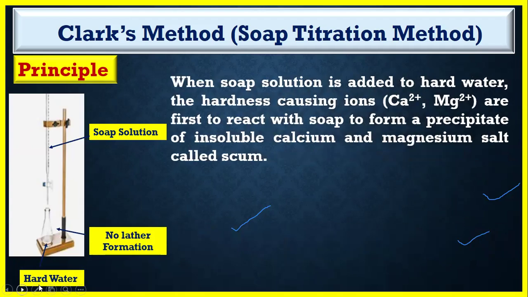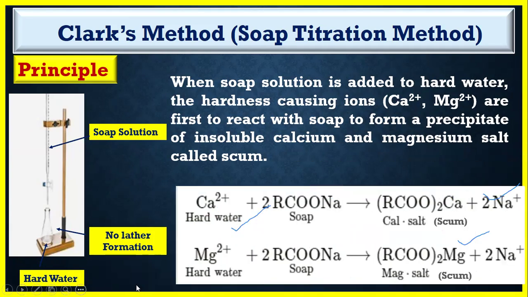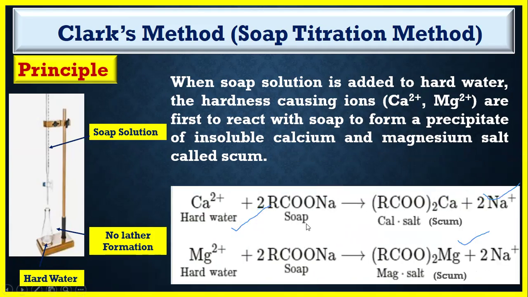We know that the calcium and magnesium ions present in the hard water react with the soap, and after reaction with calcium or magnesium ions, the scum is formed, that is the calcium salt of the soap.